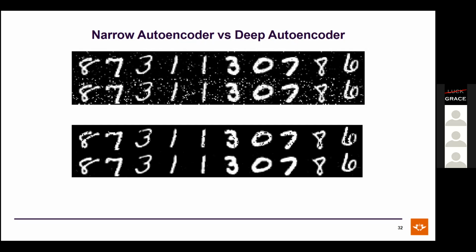There's still noise. Some of the pixel values, not a lot, but some, are still missing. But that's just to show deep autoencoder versus narrow, deep with swarm intelligence versus narrow with swarm intelligence.